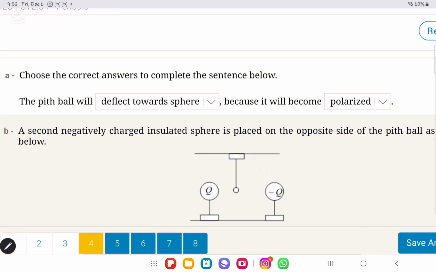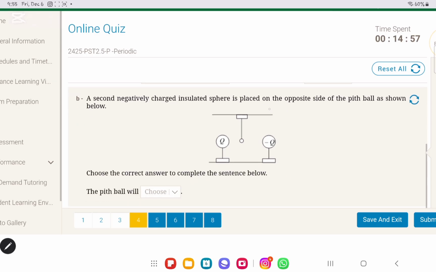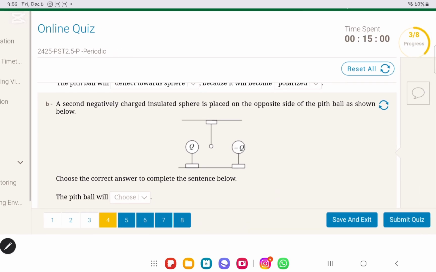Now they told us a second negatively charged insulated sphere is placed on the opposite side of a pith ball, as shown below. Now, as we said, because it got polarized, then the negative overcame the positive. So now this is a negatively charged pith ball.